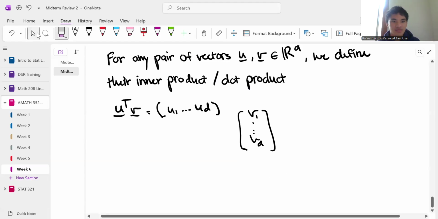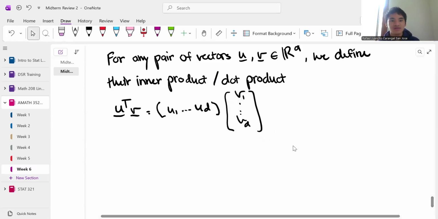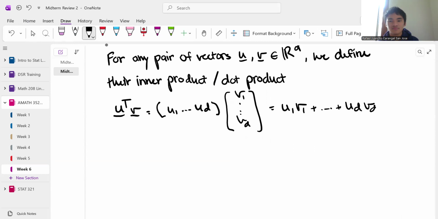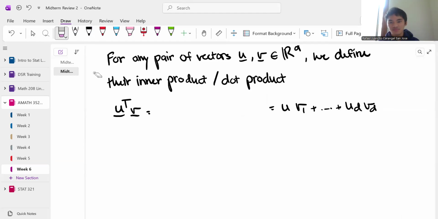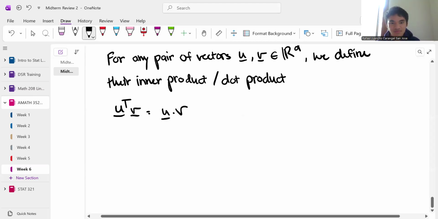It might not be clear yet, but the way we actually organize our values here is extremely helpful. That's what it means to transpose one of them. Cool. And that idea is the same thing as the dot product of this. And this is the same thing.